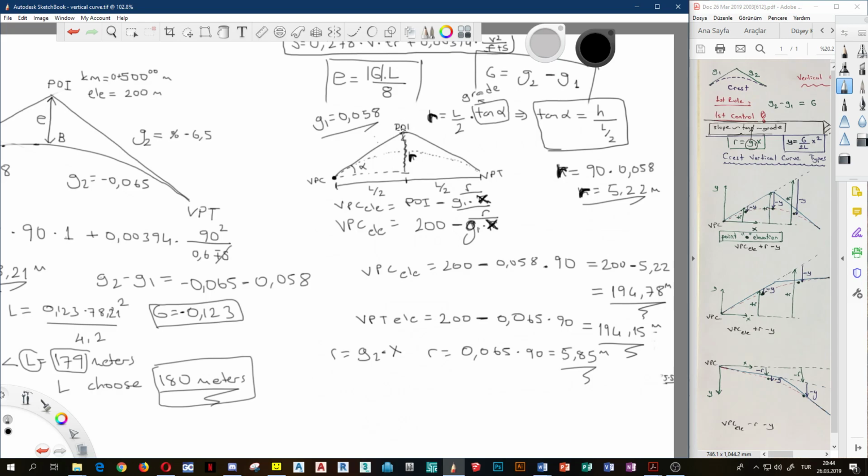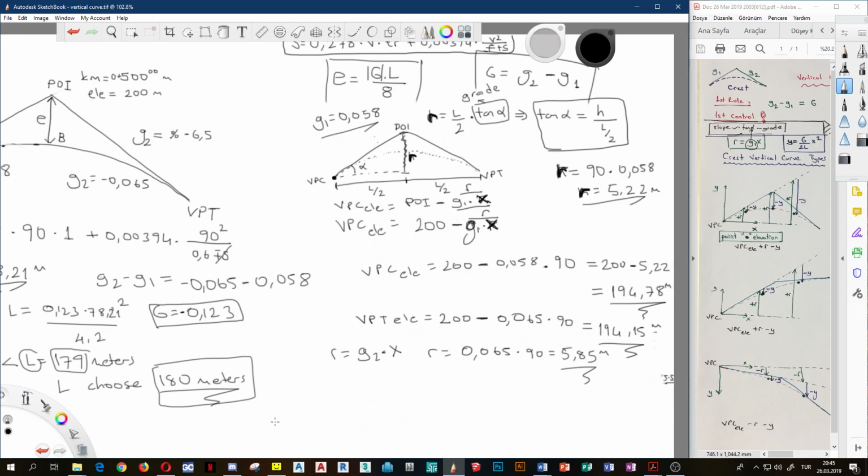Our start point is POI. We found VPC elevation according to POI, and we found VPT elevation according to POI, but we can also easily find VPT elevation according to the VPC point. Look at that. What is the VPT elevation?